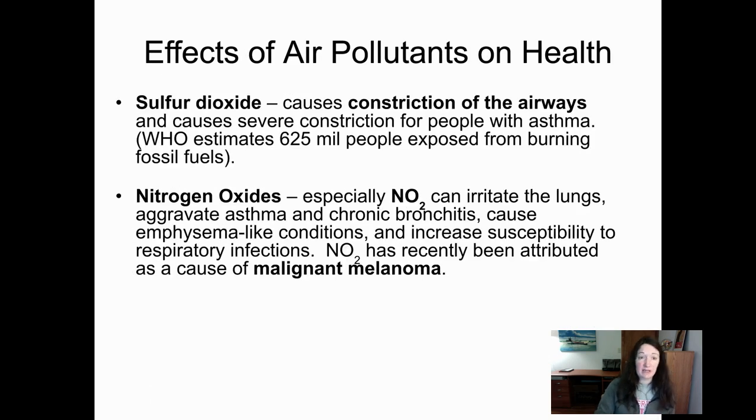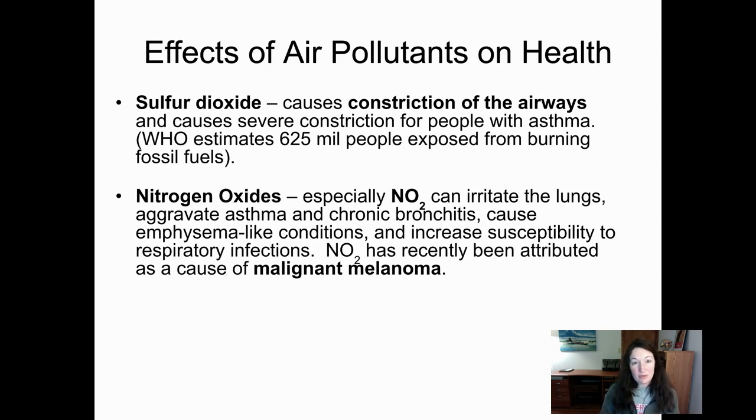Sulfur dioxide, again, causes acid rain, but it also constricts the airways. So it can cause constriction of the airways for people with asthma. And the World Health Organization estimates that 625 million people are exposed to sulfur dioxide, especially from burning fossil fuels, specifically mostly coal.